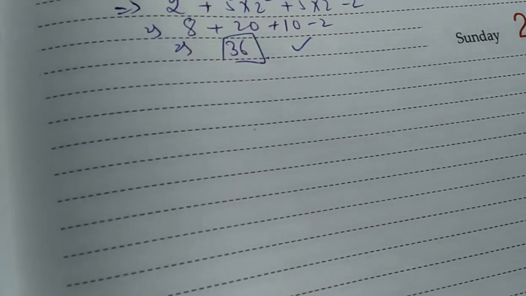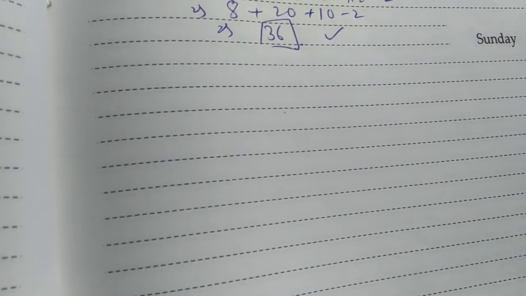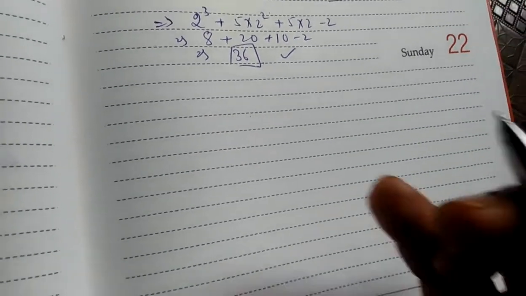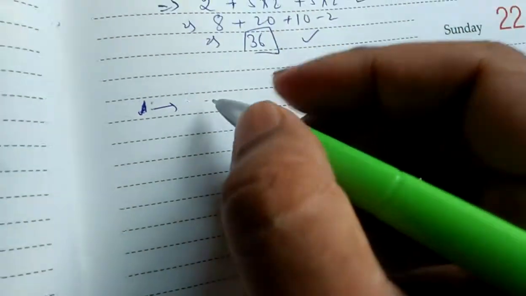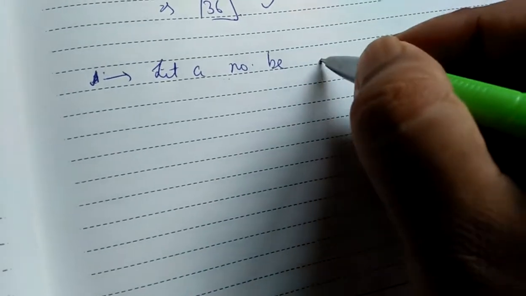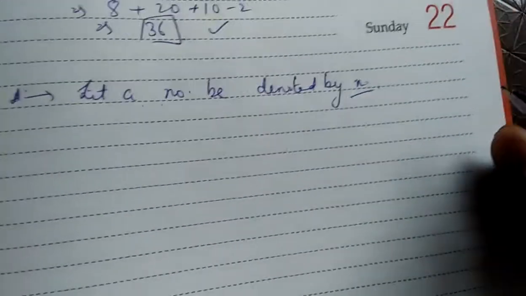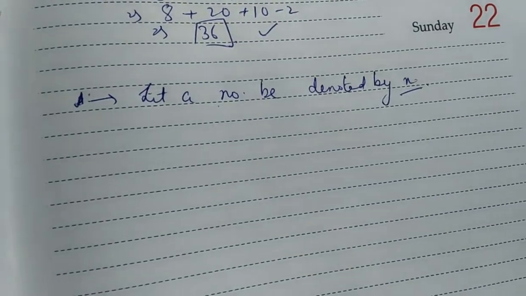So now you are supposed to understand a couple of more things with this. Okay, so let's say there is a number, let a number be denoted by x. Okay, so x can be even or odd.